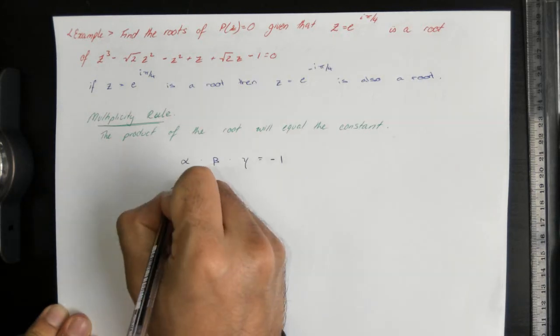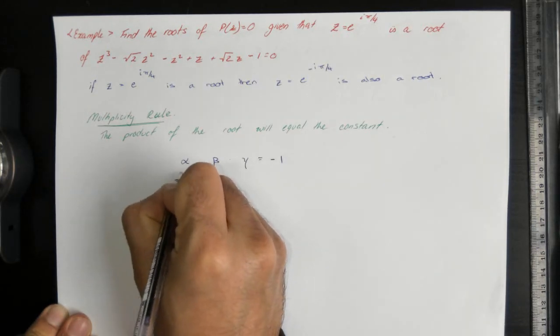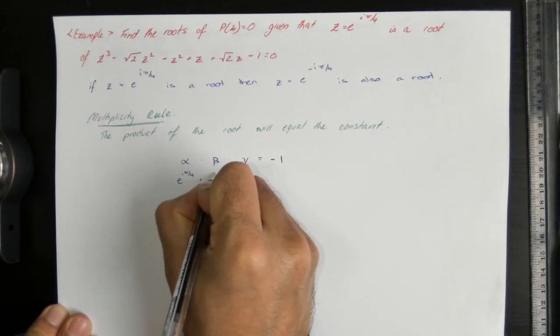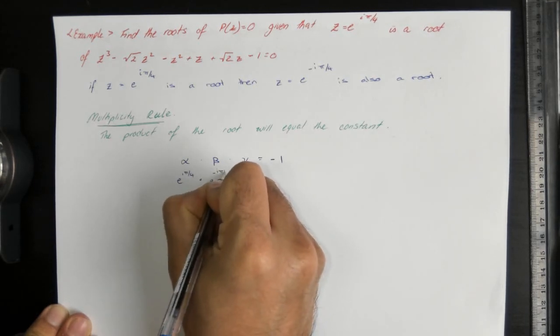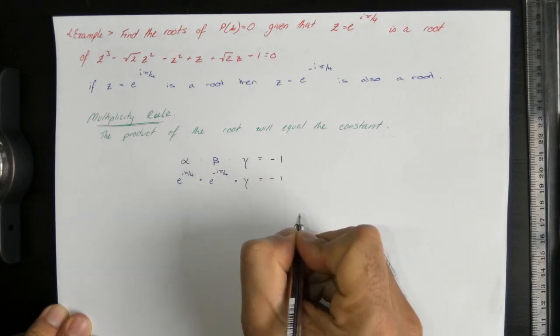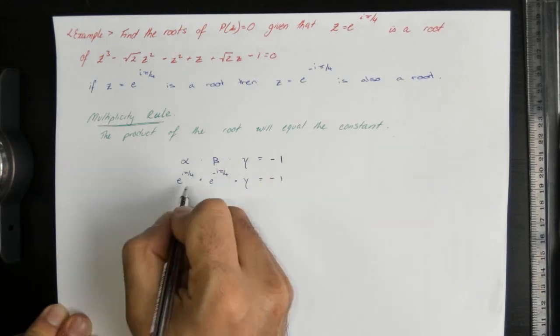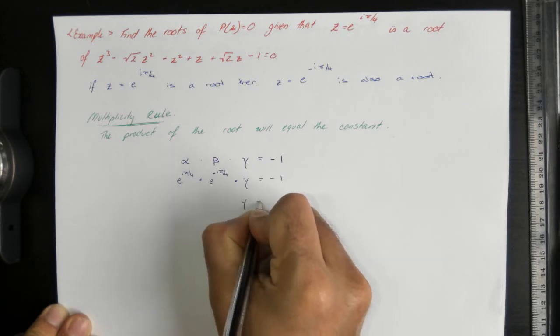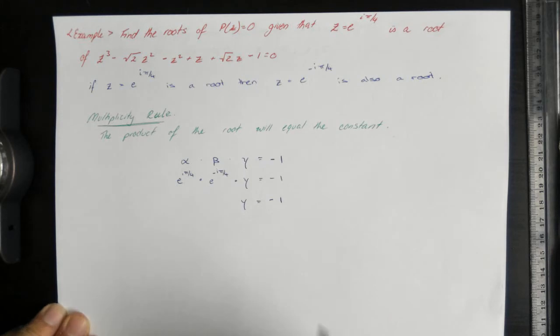Okay, so if I have that, and I have that, yep, then this equals just 1, right? So my other root has to be negative 1.